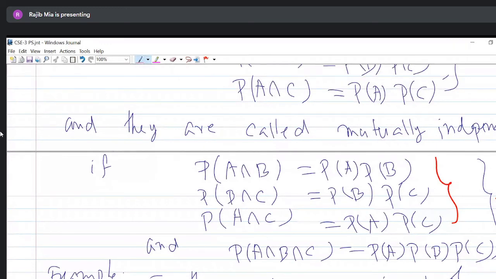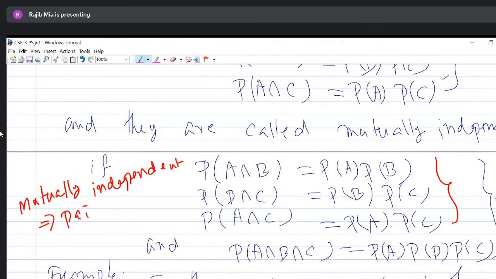Here, if you see these two conditions, mutually independent implies pairwise independent.